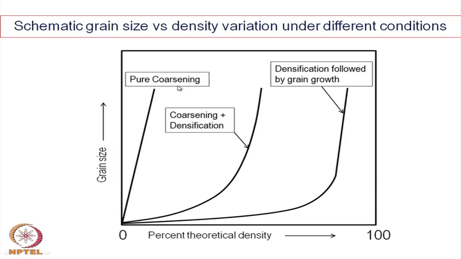So, pure coarsening, and here this situation is somewhere in between, where both coarsening and densification proceed more or less simultaneously. Depending on the experimental condition, the starting size of the powders, their surface properties, and so on, such situations may arise, and we have to understand why this is happening, and accordingly take some corrective measures wherever necessary.